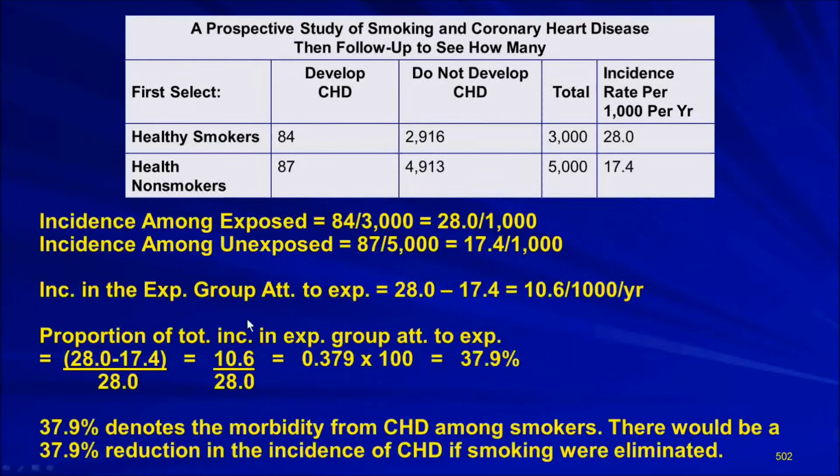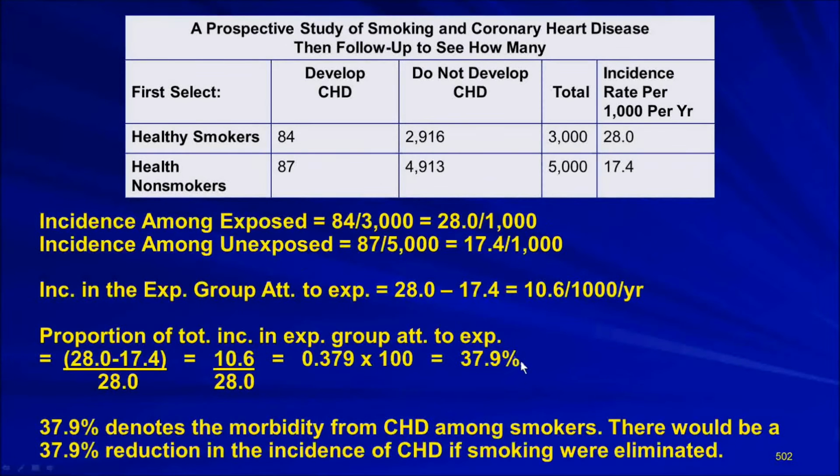Now, what's the proportion of total incidence or the incidence rate in the exposed group attributable to the exposure? We go the same way, and we're going to come out with a percentage in this particular case.